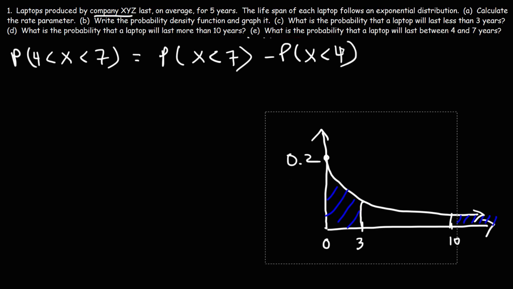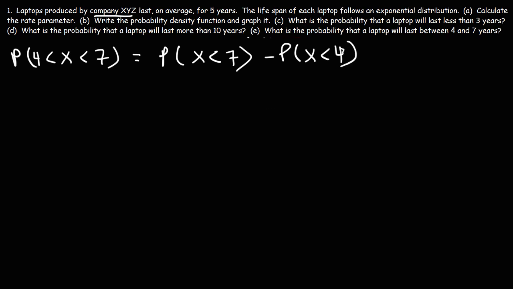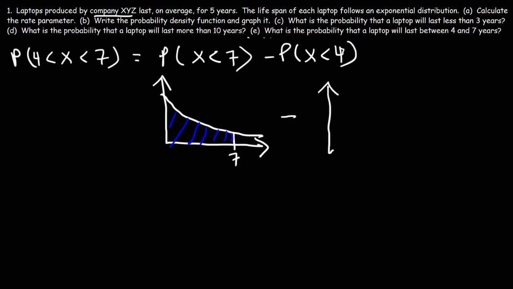So let's get rid of this picture. If you want to visually see it, the probability that x is less than 7, let's say this is 7 right here, would be the area to the left of 7. And the probability that x is less than 4 looks like this.